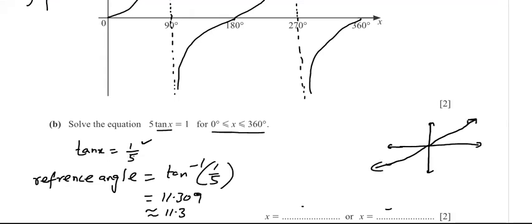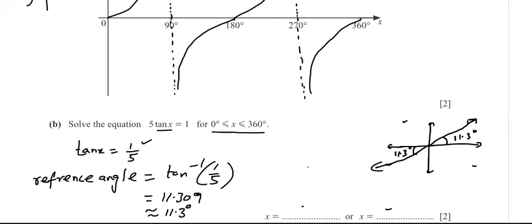If, for example, tangent were negative, then I would show it in the second and the fourth quadrant. But remember, the first and third quadrants are where tangent is positive. So this angle that we got was 11.3 degrees.